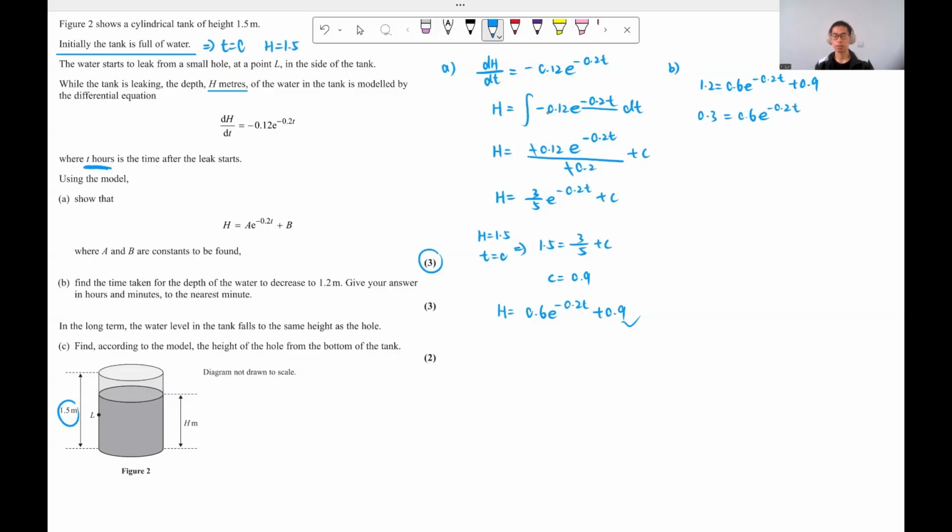And then divide by 0.6. So 0.3 divided by 0.6 is just equal to 1/2. So 1/2 equals e to the power negative 0.2t. So that means negative 0.2t is just equal to ln of 1/2. And then 0.2t should be the same as ln 2, because ln 1/2 is the negative of ln 2.